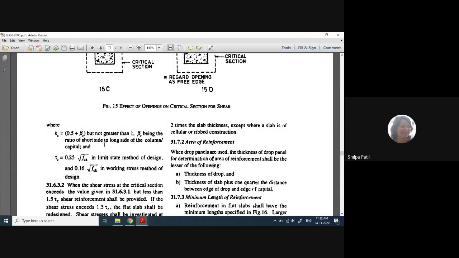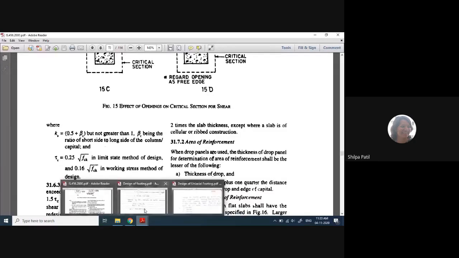Beta C is the ratio of the short side to the long side of the column or capital. Capital is a term used in case of flat slabs, so in our case it is column. And tau C is equal to 0.25 root fck in limit state method.